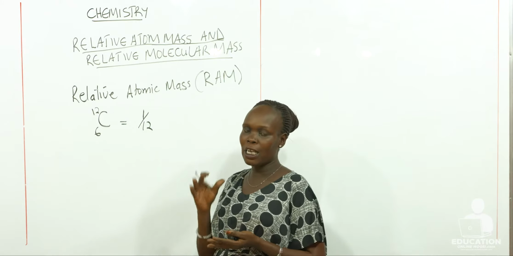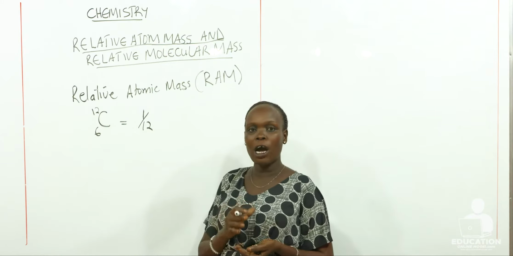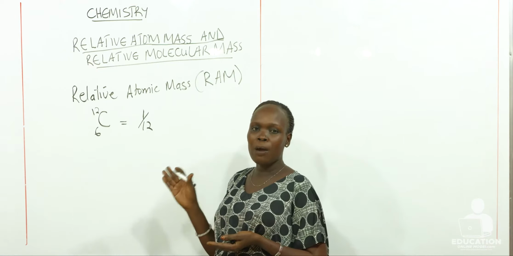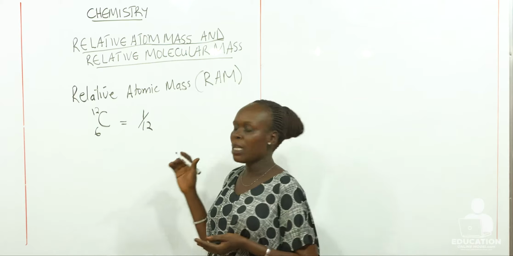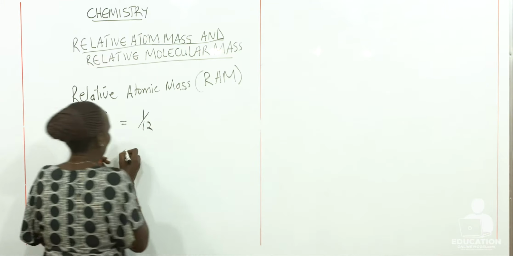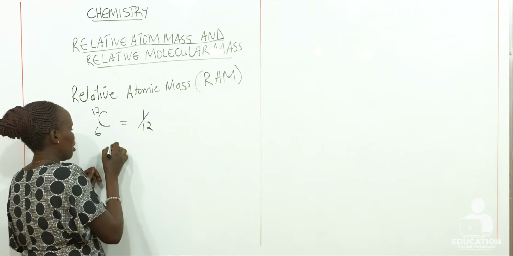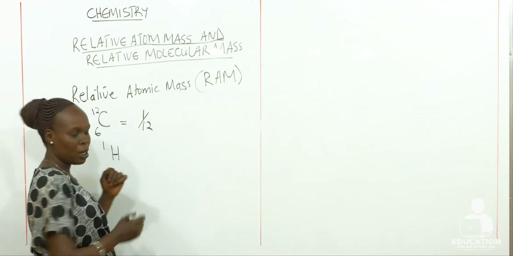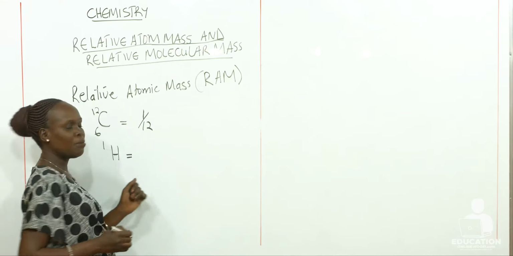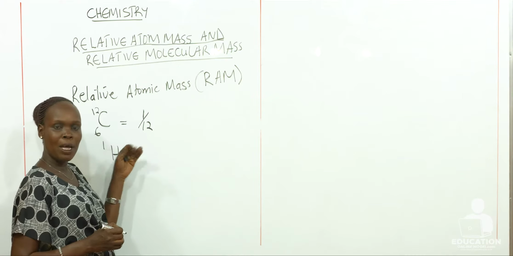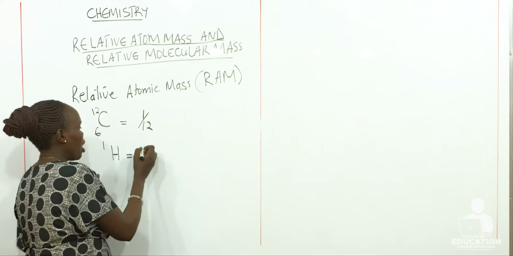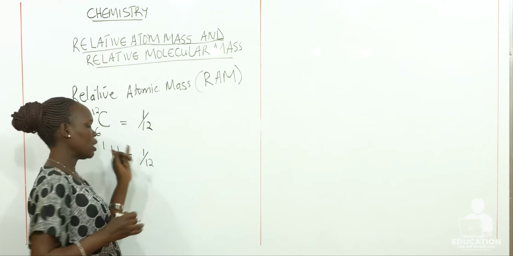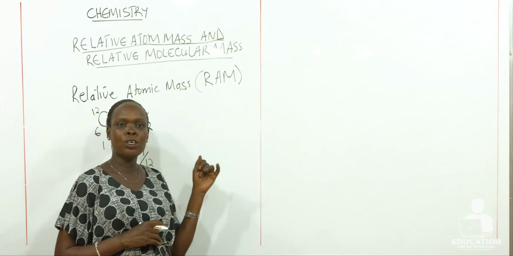So if you have hydrogen with atomic number 1, it means its mass is 1. When we compare it to carbon 12, we shall say that it is 1 over 12. So it is lighter than carbon 12.